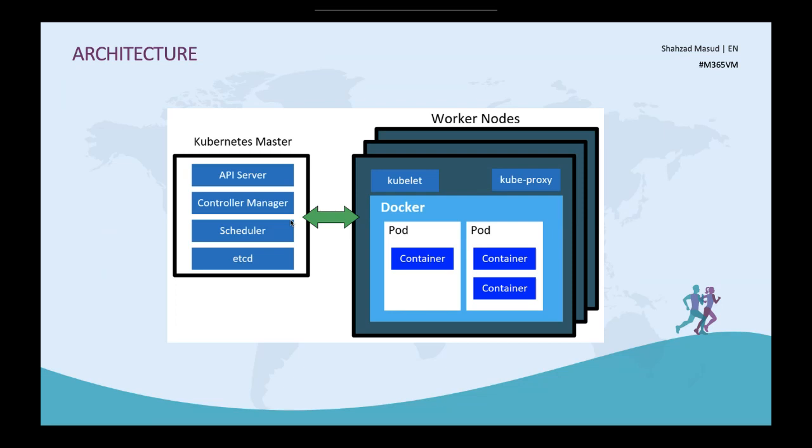In the master there are API services, schedulers, and controllers. If you're working with a microservice architecture, then you will be using API services. If you're using a simple web-based architecture, you will be using a controller manager. If you're using this as a scheduling service, you can use that as scheduler, and all the other things will be falling under the etcd.